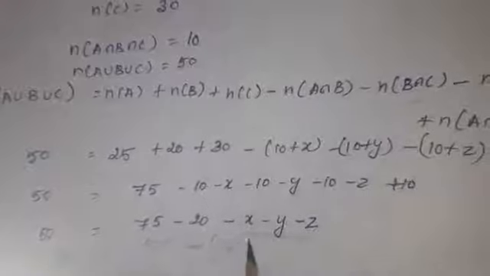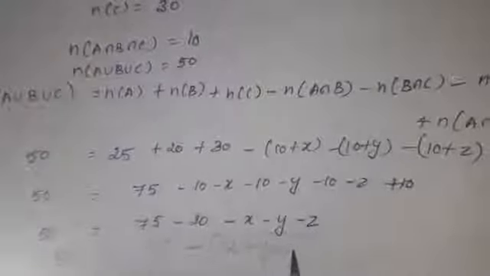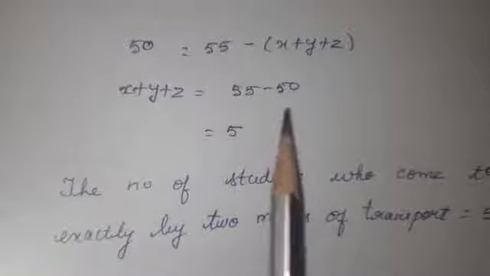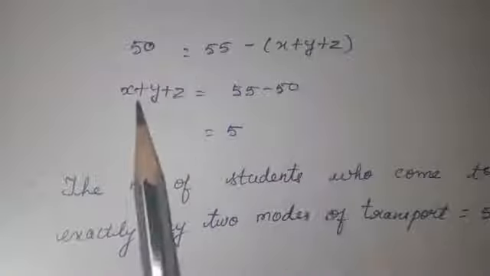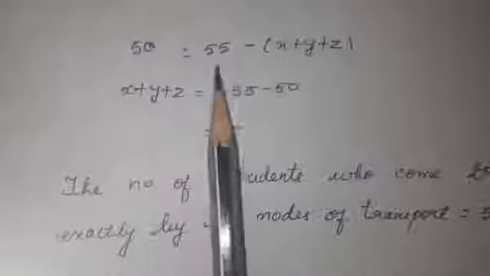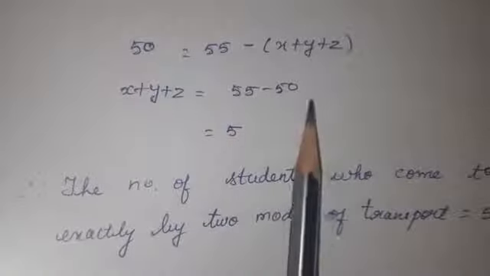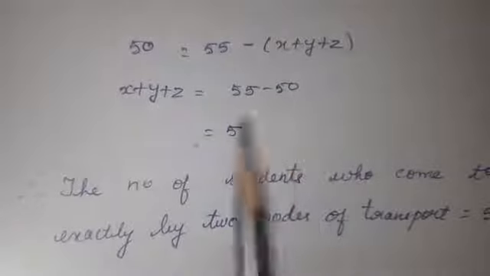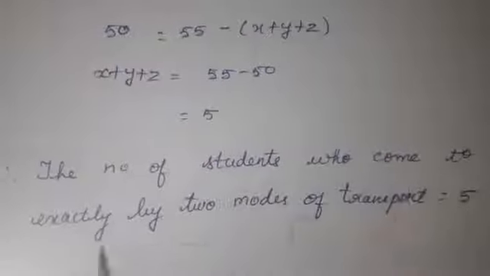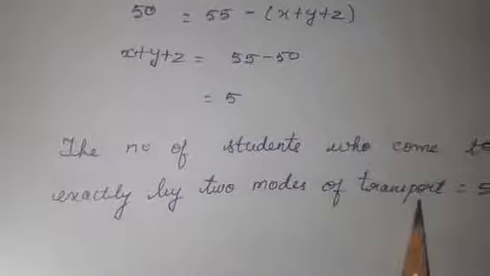Here you will get X plus Y plus Z. That is what I have written here. This term is minus, no, that one I am taking opposite side, it will come positive. X plus Y plus Z is equal to 55. This 50 I am taking other side, minus 50 it will come, is equal to 55 minus 50 is 5. Therefore, the number of students who come to the school exactly by two modes of transport is 5.